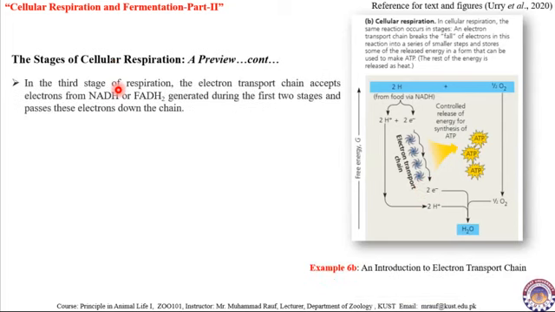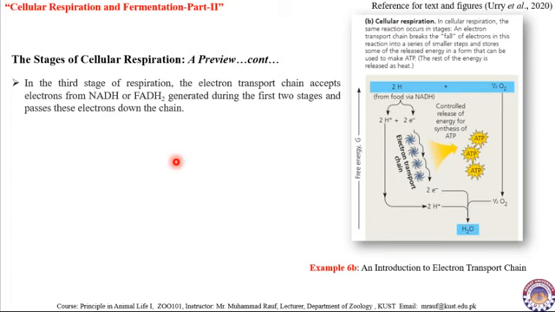Now the third stage of respiration, the electron transport chain, accepts electrons from the NADH and FADH2 that were produced previously in the first two stages, and then these two high energy electron carriers deliver their electrons to a series of electron acceptors.